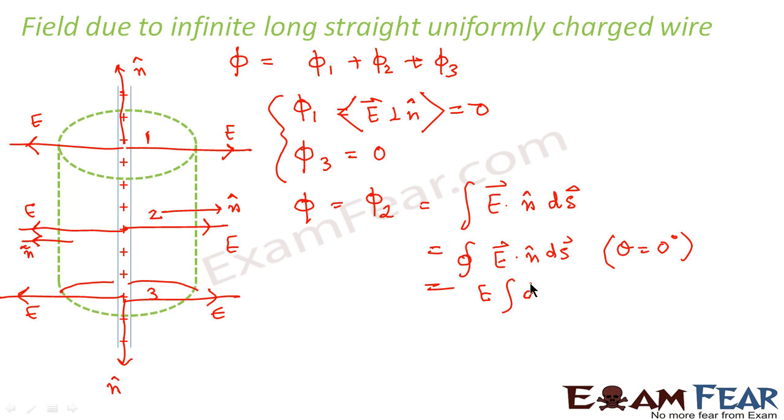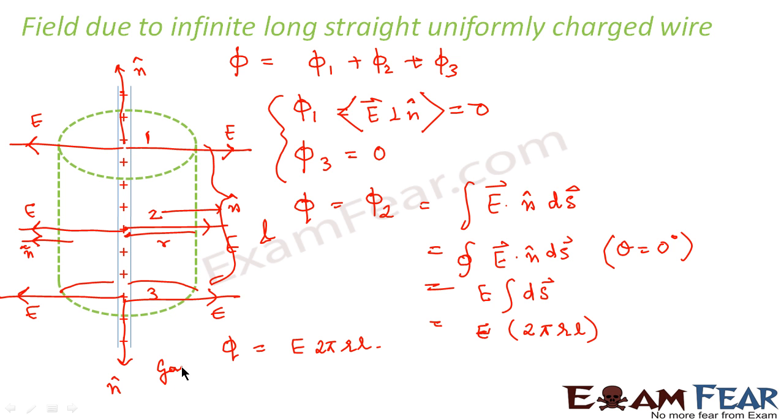Therefore we can write it as E integration of dS. So this dS on integrating becomes the total surface of the cylinder. What is the curved surface of the cylinder? Curved surface of cylinder is given by 2 pi rL, where r is this radius, this distance is r, and L is the length of the cylinder. Therefore, phi is equal to E into 2 pi rL.